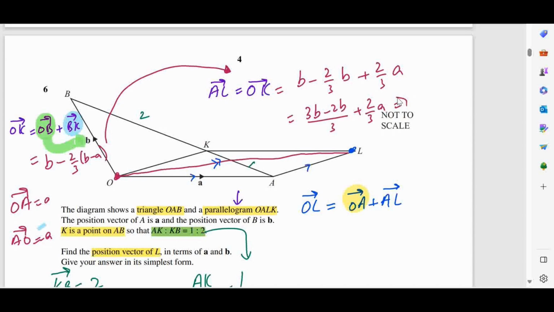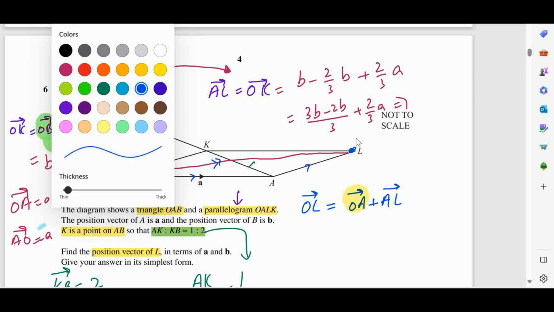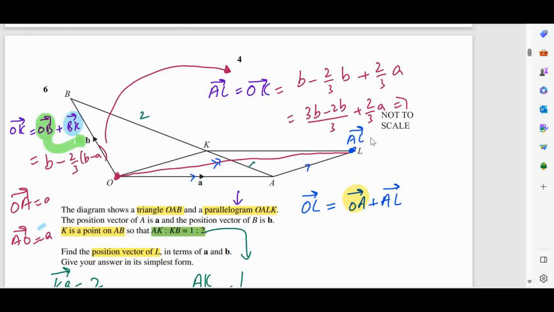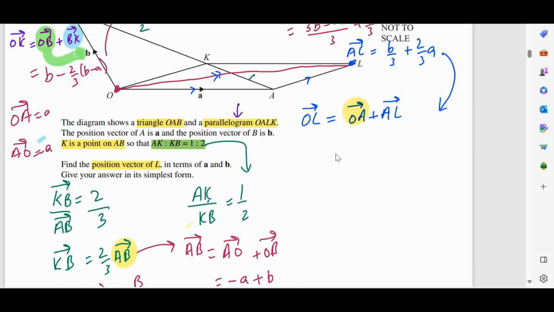And finally vector AL will be equal to b by 3 plus 2 by 3 a. Just use it over here. So OA is equal to small a plus 1 by 3 b plus 2 by 3 a.